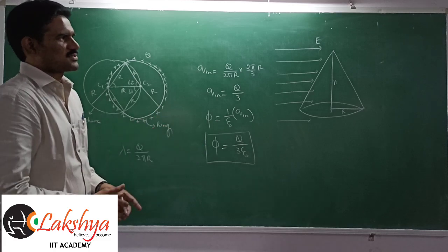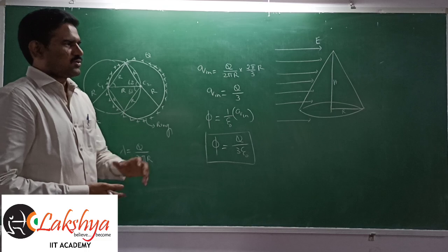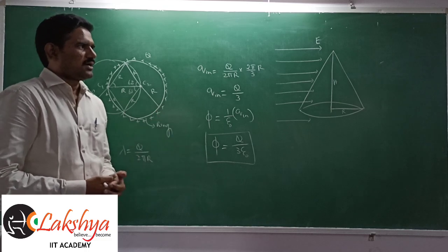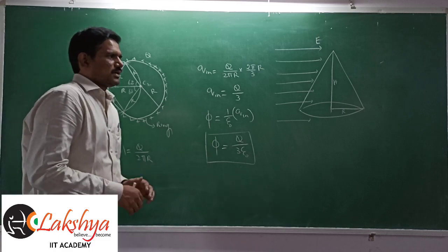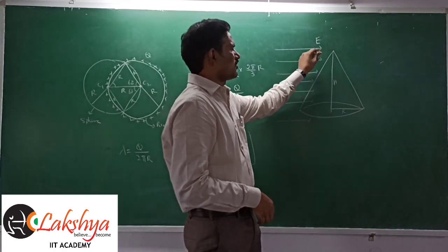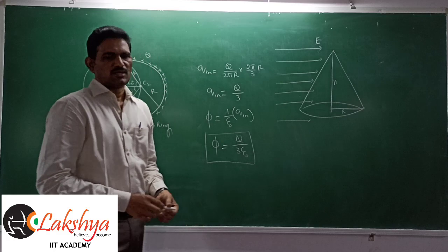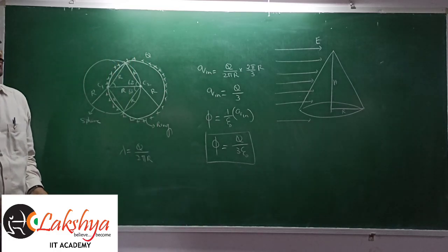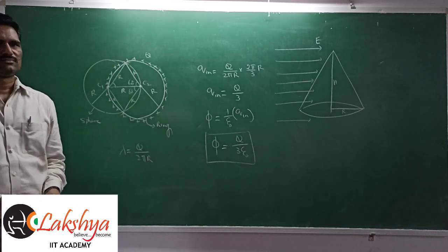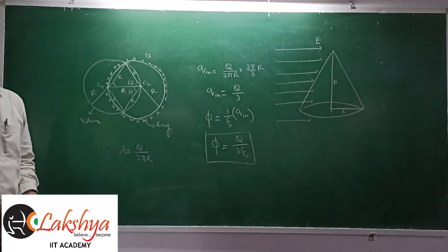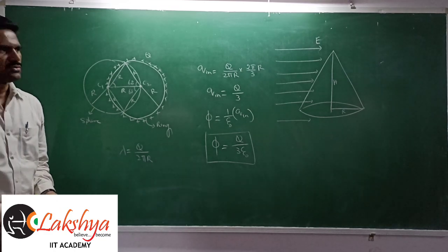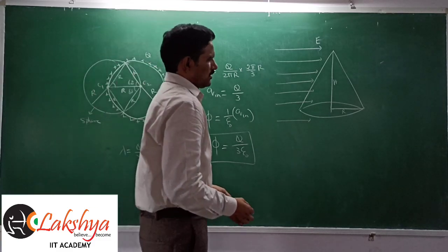A cone of height h and base radius r is placed in a uniform electric field of intensity E, as shown in the two cases.